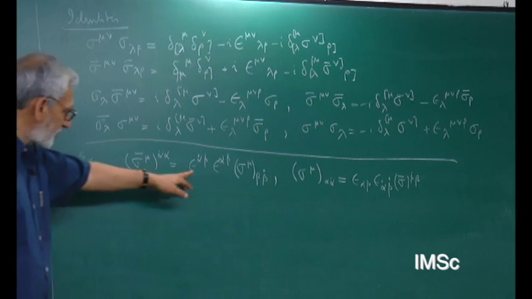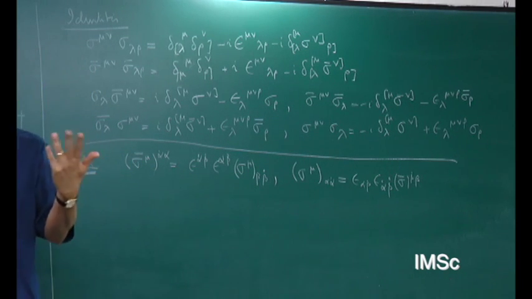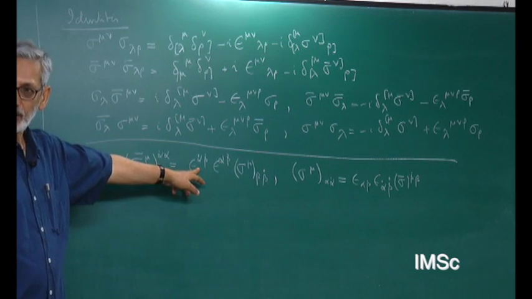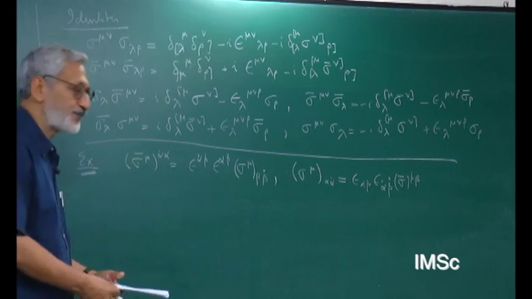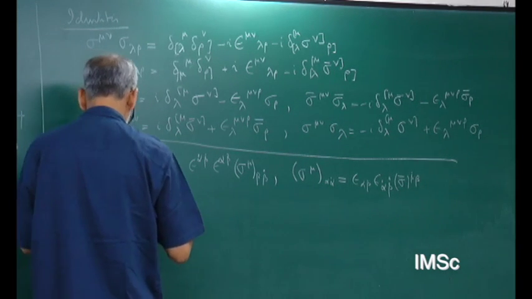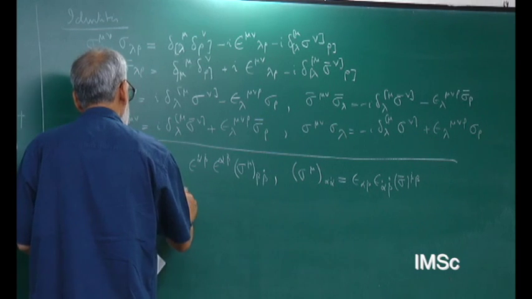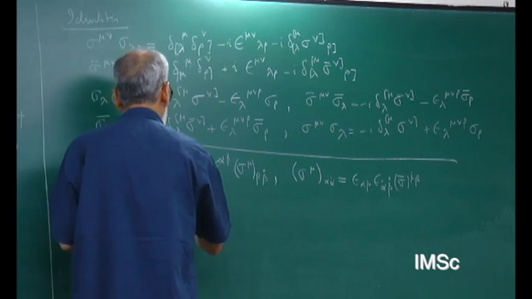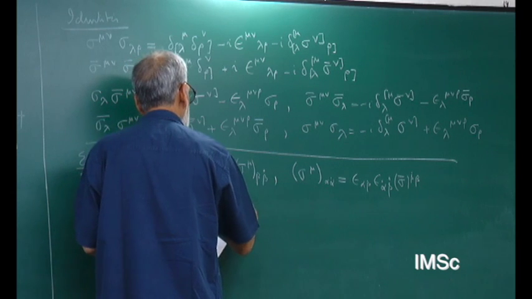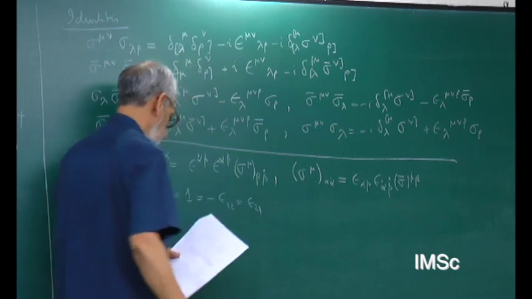But what are these epsilon symbols that I've introduced? I introduced epsilon with four indices, which we understand, right? Now I introduce epsilon with two indices, with these dotted and undotted indices. So epsilon 1, 2 is the same as epsilon 2, 1 up, which is plus 1, and that is the same as minus epsilon 1, 2 down, and the same as plus epsilon 2, 1.